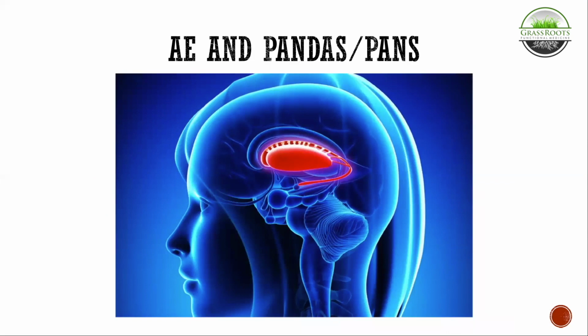When we're looking at PANS and PANDAS and autoimmune encephalitis for that matter, what we know is that the autoimmune response is actually happening in the basal ganglia. So what's happening is we're seeing an encephalitis in the basal ganglia, which is just a fancy way of saying the basal ganglia is actually inflamed.